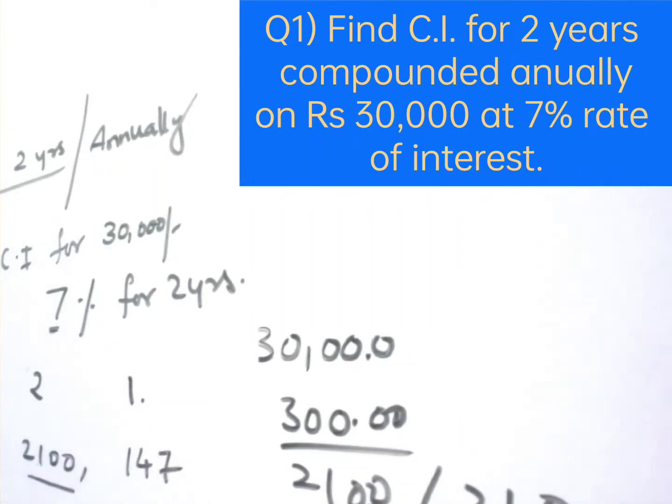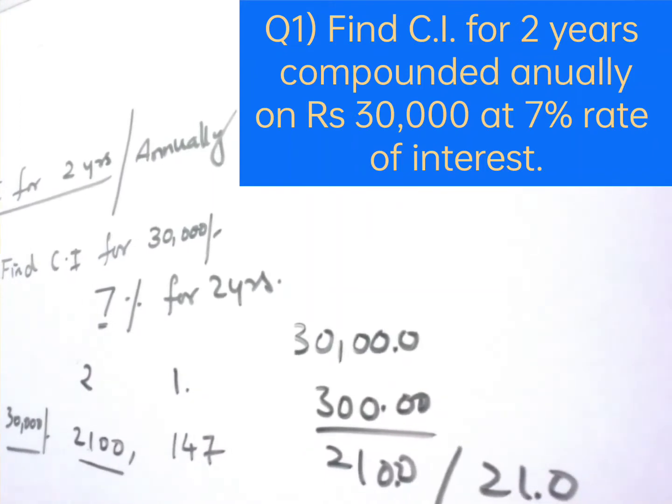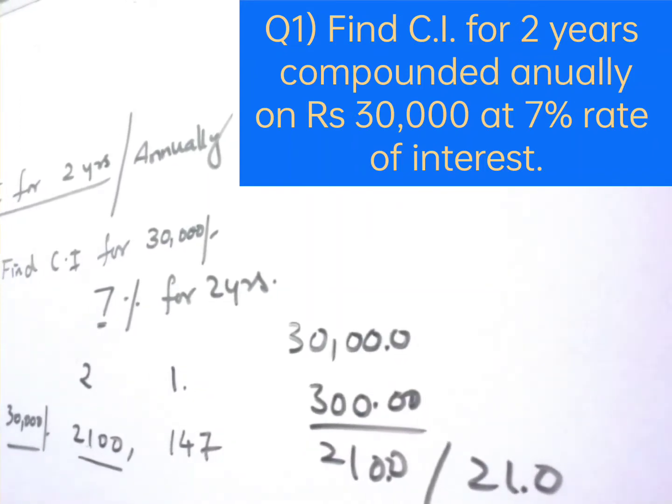So what have we done now? For 30,000 rupees, we got 2,100 plus 147. Now we have to multiply these two.